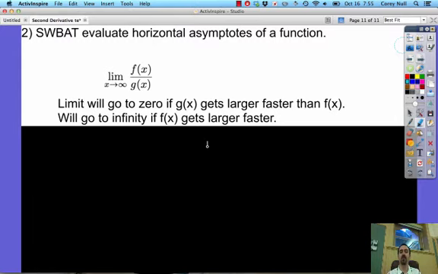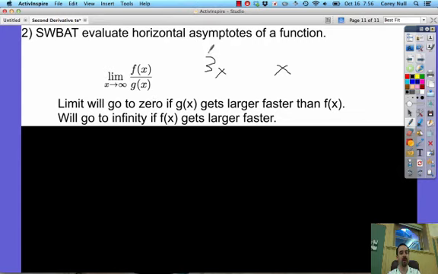Rates are a little bit relative at this point. Okay? We look at, in our way of thinking, 3x and x, even though 3x is bigger than x, these go to infinity at the same rate. Okay? So, in this particular case, we would look at this as not going to 0 and not going to infinity.